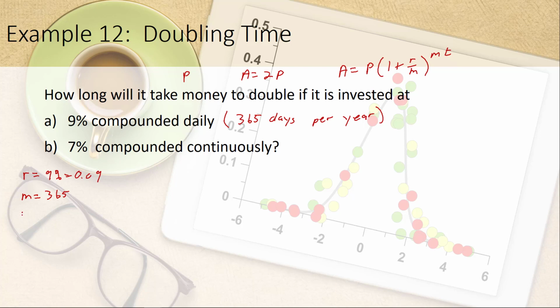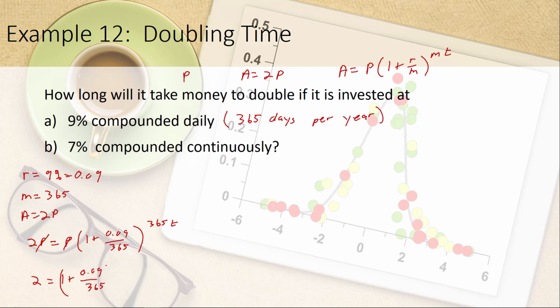A is equal to 2P. That means 2 times P is equal to P times (1 plus 0.09 divided by 365) raised to the 365 times T power. Notice the P's cancel, and we are left with 2 is equal to 1 plus 0.09 divided by 365.